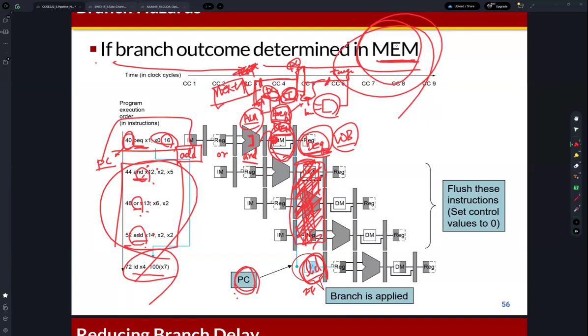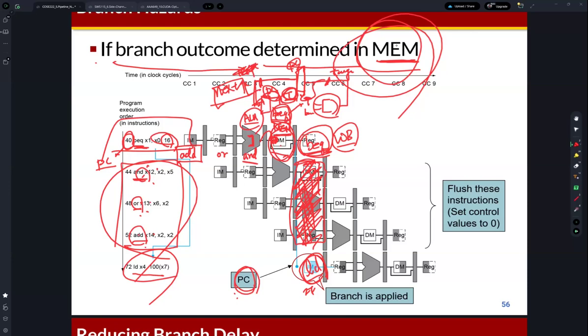So if there are more stages before this branch resolution, then the processor will waste more cycles. But in this simple five-stage pipeline architecture, the branch is determined in the memory stage. Then the three instructions in the EX, ID, and instruction fetch stages are cancelled.